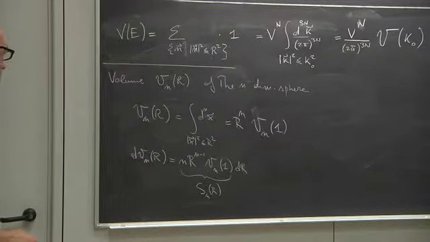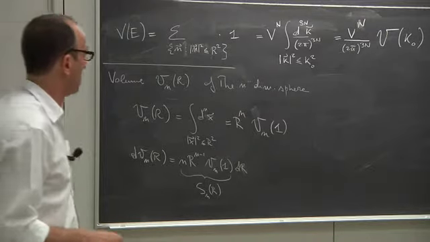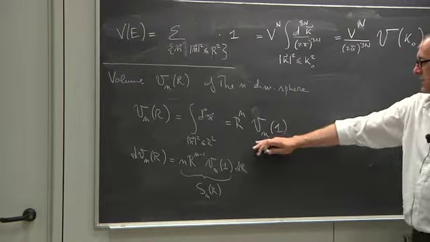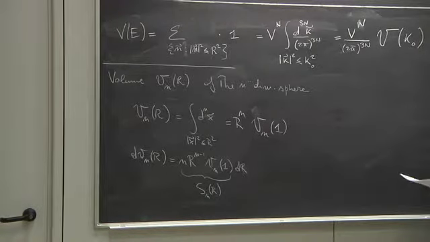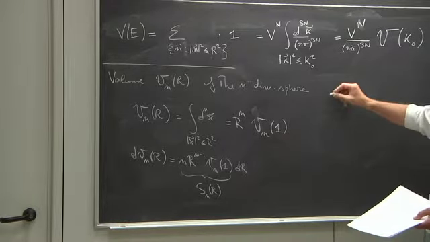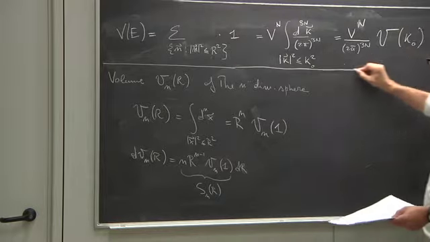Okay? Very good. So the problem now is to compute this Vn of 1. So the idea, in order to compute this object here, is to start from an apparently different object.